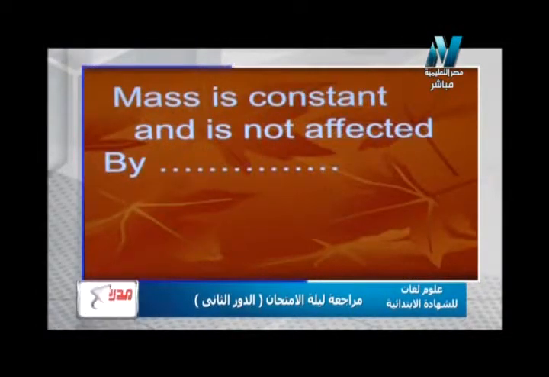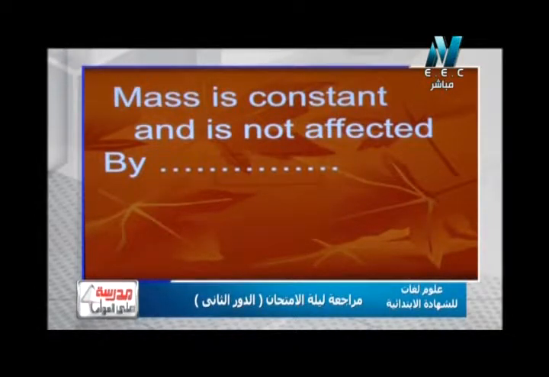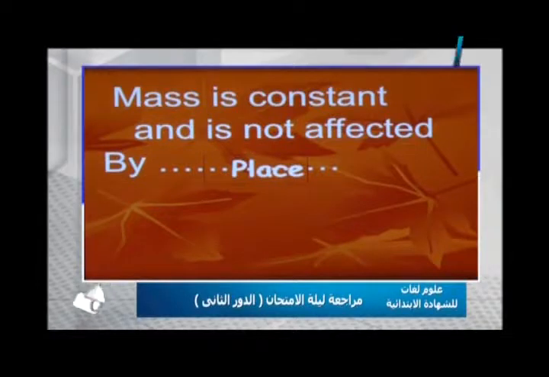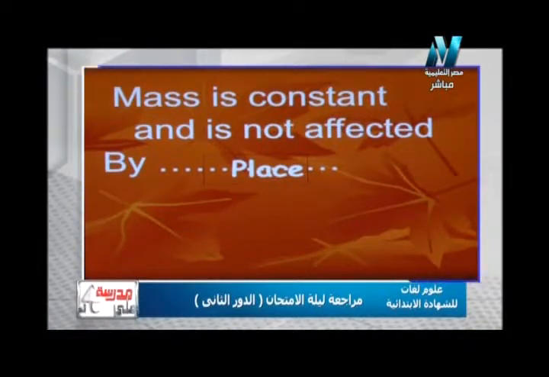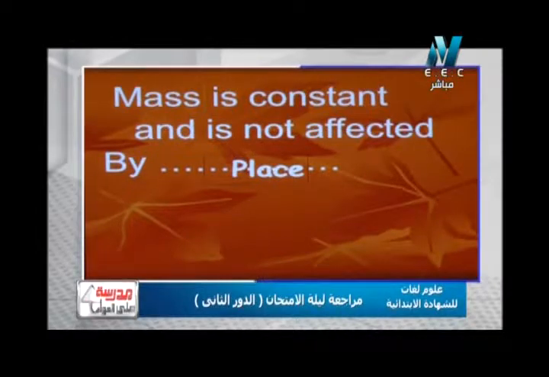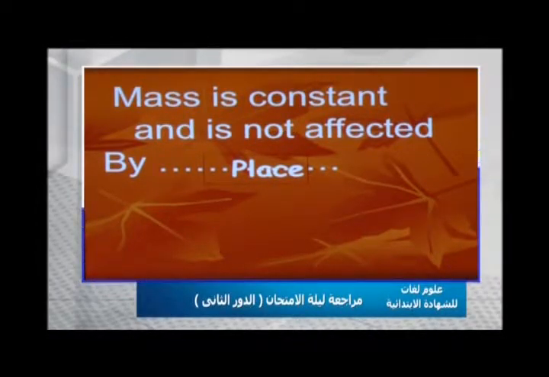Another question: mass is constant and is not affected by place. We know very well that mass doesn't change. Imagine that if your mass on the earth is 50 kilogram, your mass on the moon will be 50 kilogram. Your mass on Jupiter, the biggest planet, will also be 50 kilogram.